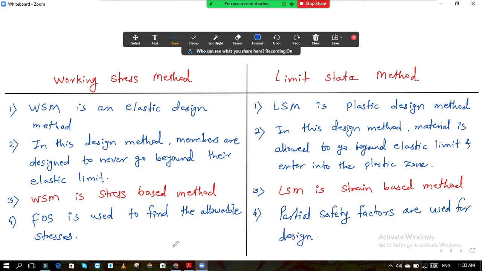You know that in the working stress method, FOS is taken as 3 for concrete and 1.78 for steel. In the limit state method, the partial safety factors are 1.5 for concrete and 1.15 for steel. Remember these values also. I will repeat once again. In WSM, the factor of safety for concrete is 3 and for steel it is 1.78.